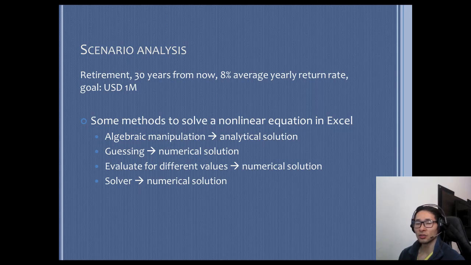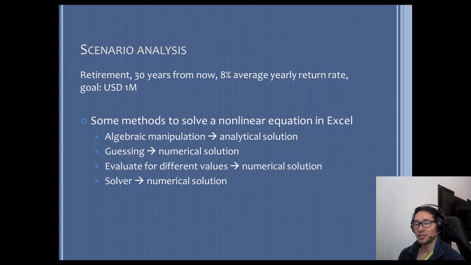So numerical solutions are usually calculated by algorithms, be it a dumb algorithm like guessing or evaluating the function for different values, or automated and smart numerical solutions, such as the computational algorithms that the Solver tool in Excel uses to solve nonlinear equations.